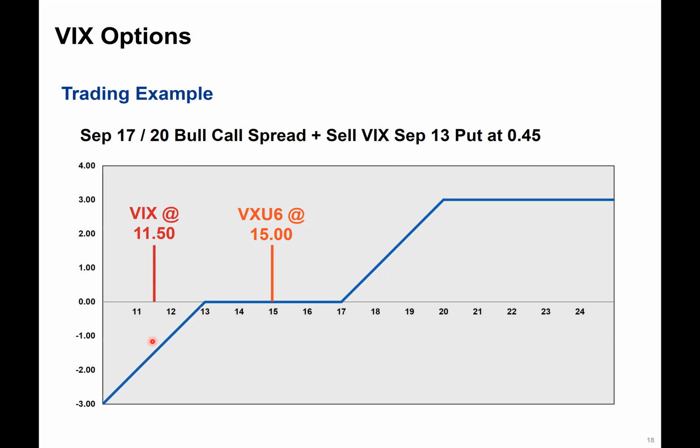If you put this trade on and VIX is at 11.50 and it remains at really low levels, that probably is because the S&P 500 has continued to perform well. VIX remains at low levels when we're in a nice bullish move to the upside in the S&P 500. So if you were to put this trade on, and we didn't get a spike in VIX over the month-long time frame that it covers, which would be accompanied by a sell-off in the S&P 500, at minimum, you're probably going to cover the losses that are associated with this trade.